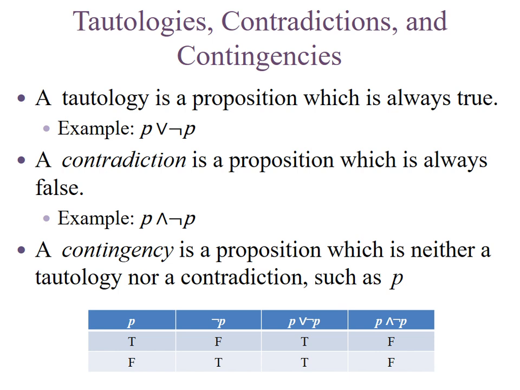But when you assign, for example, true to P, the final result is true. If you assign false to P, then the final result is false. Then we call such a proposition a contingency. Okay, so basically we are giving different terms or special names for these situations: tautology, contradiction, and contingency.